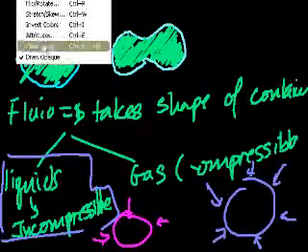Okay, let me draw something else. Let's say I have this weird shaped container, which tends to show up in a lot of physics books, which I'll draw in yellow. It's relatively narrow there, and then it U-turns into a much larger opening.